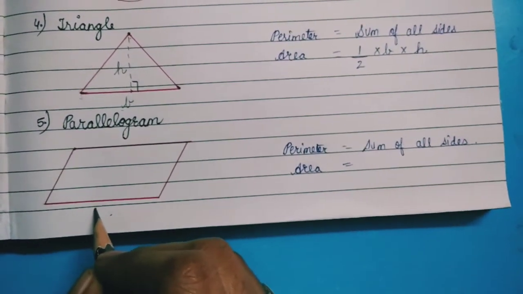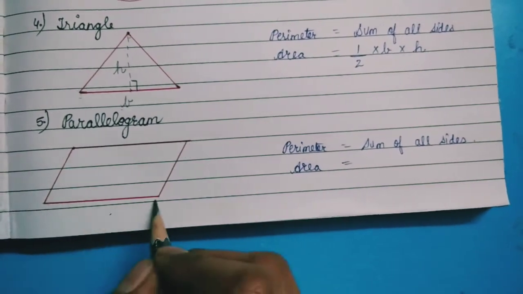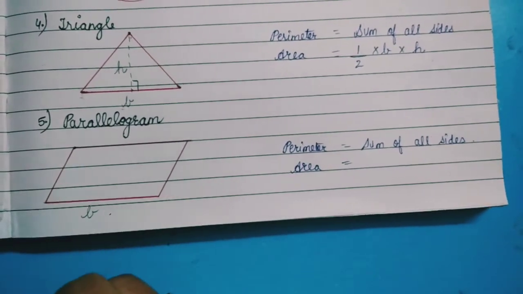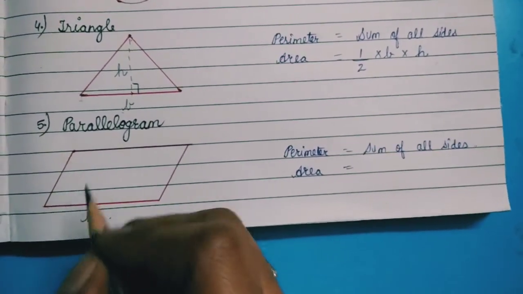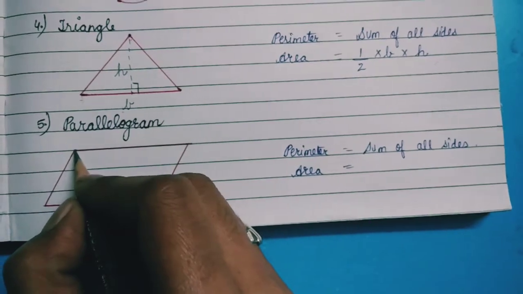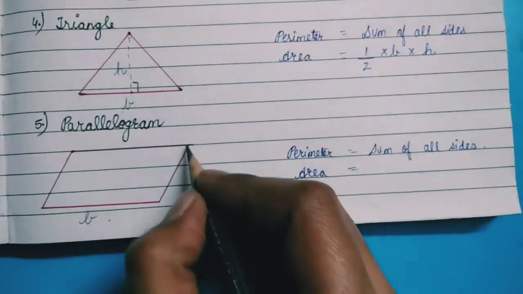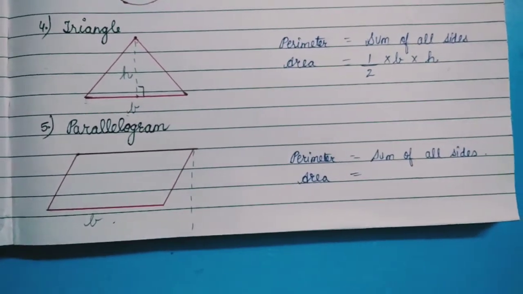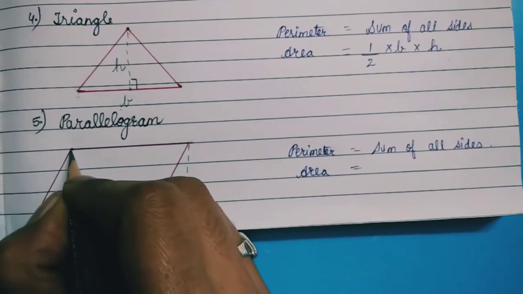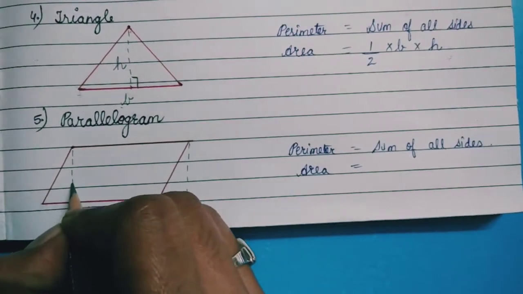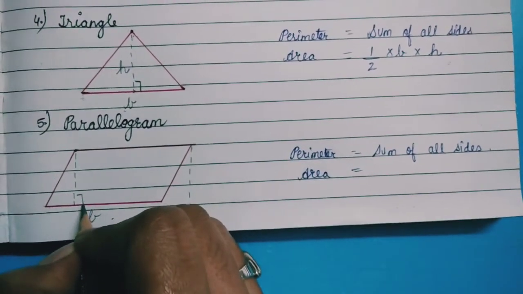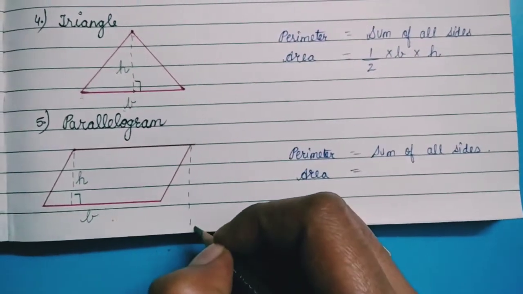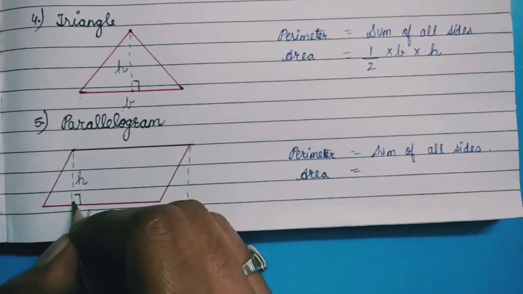If this side is touching the floor, this will be our base. Okay, when we draw a line segment through an interior point, it will pass. But when I draw from here a line segment on the base at 90 degrees, it will give us the height. This point will give us height.